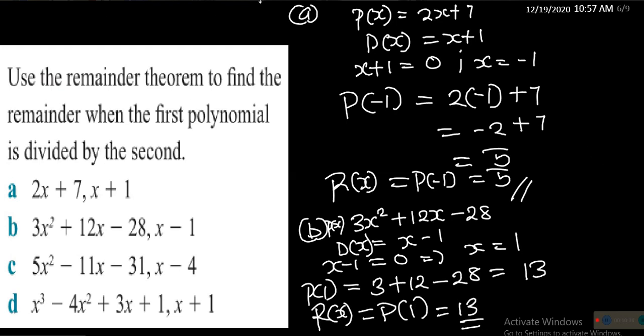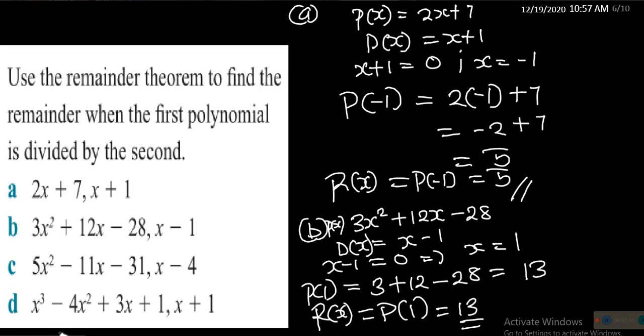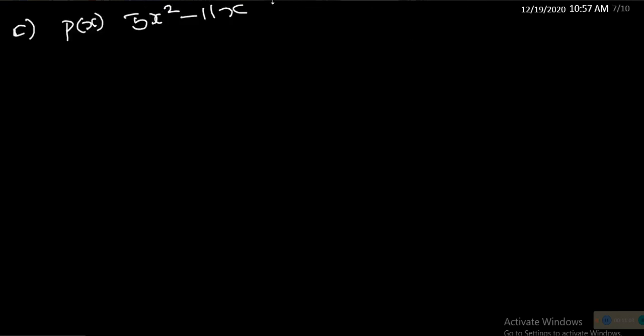Let's take one more example. For c, p of x is 5x squared minus 11x minus 31, and the divisor is x minus 1.